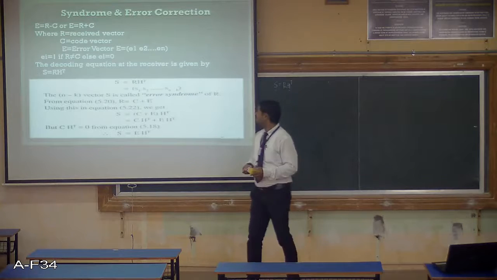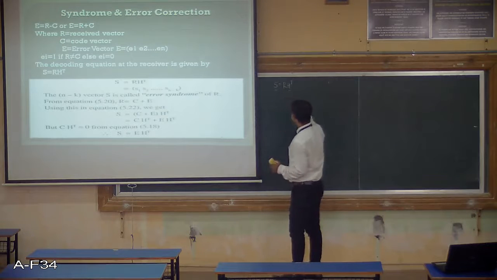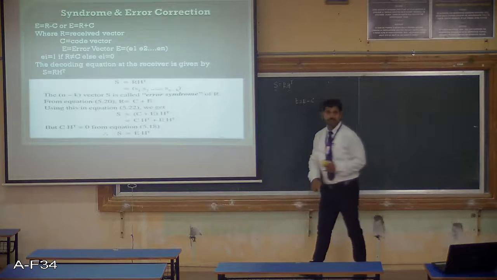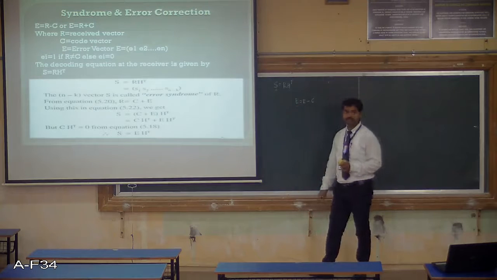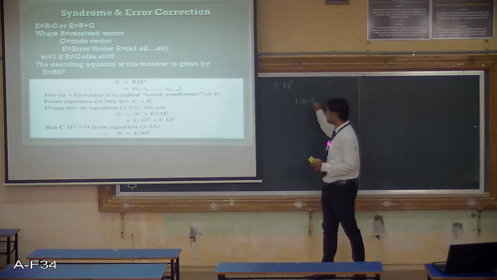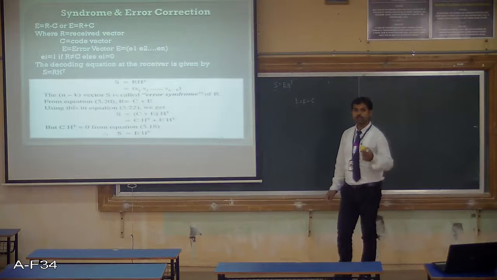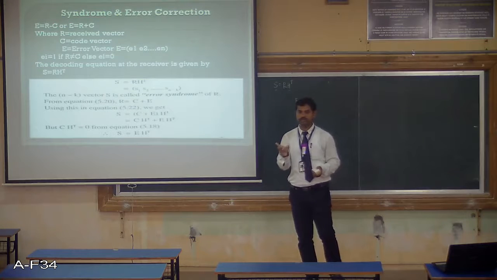Correction is very simple. We already know that E is R minus C, where E is the error vector, R is the received vector, C is the code vector. So how to correct the errors? If the syndrome represents a non-zero value, there is an error.